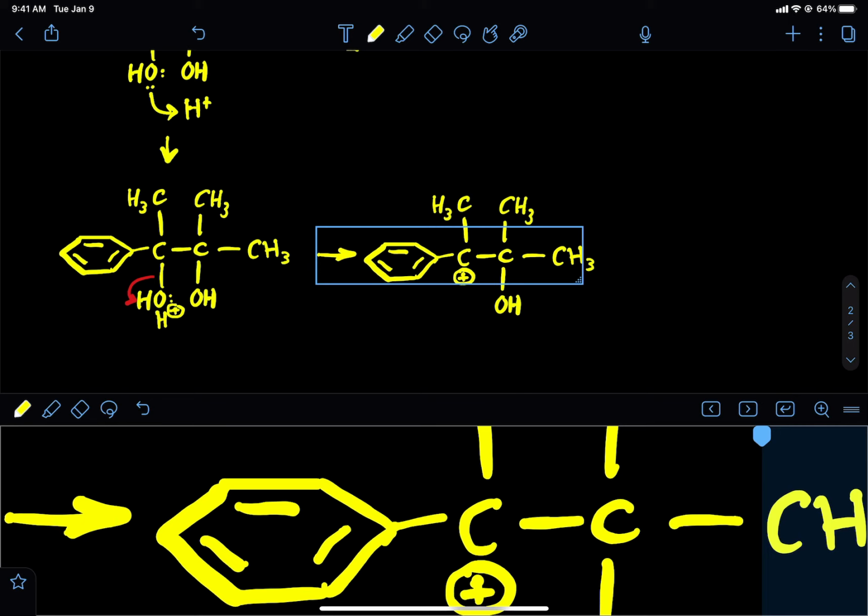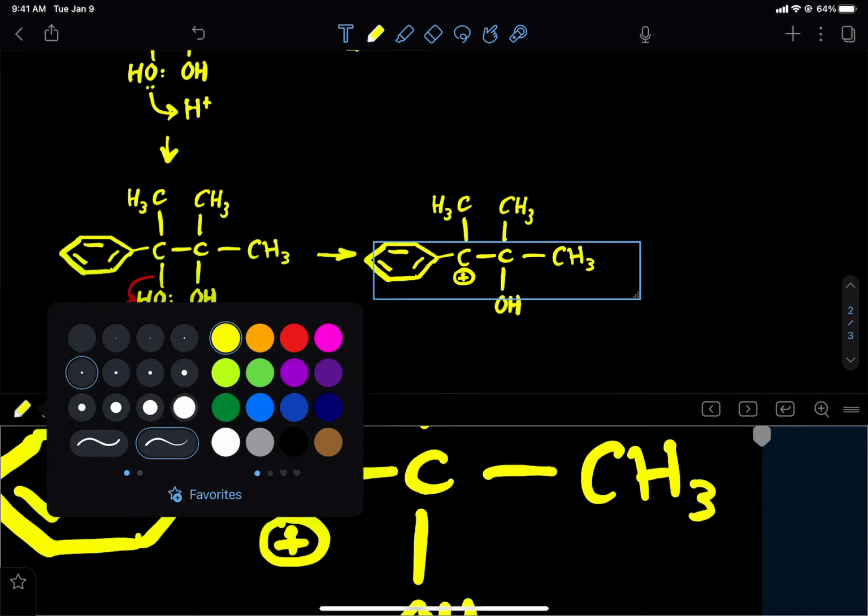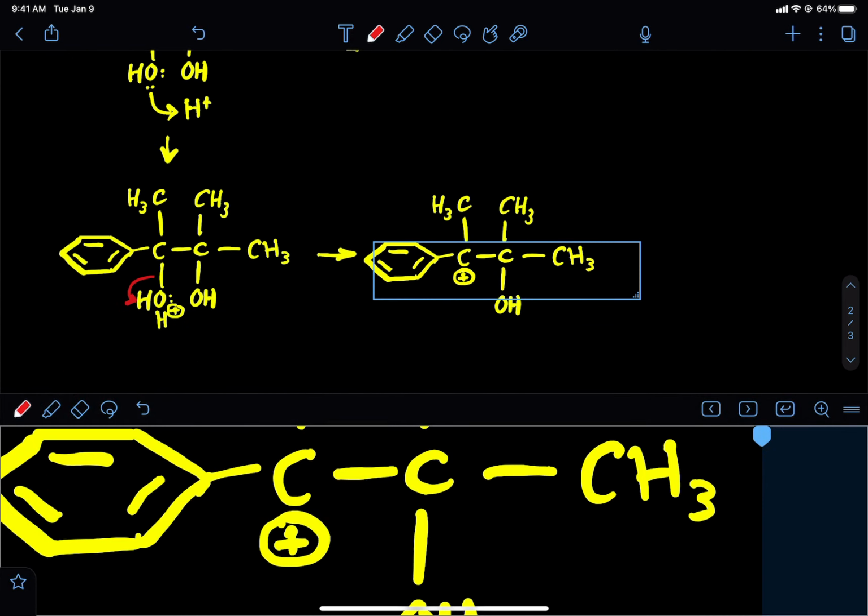So the question is, if this happens, what's the rearrangement? Right? What's the motivation for a rearrangement? There's got to be motivation for the rearrangement. Otherwise, no rearrangement will happen. The carbocation has to get more stable as a result of the rearrangement. So if we consider that, what would the rearrangement have to look like? Well, one of these methyl groups would have to move.